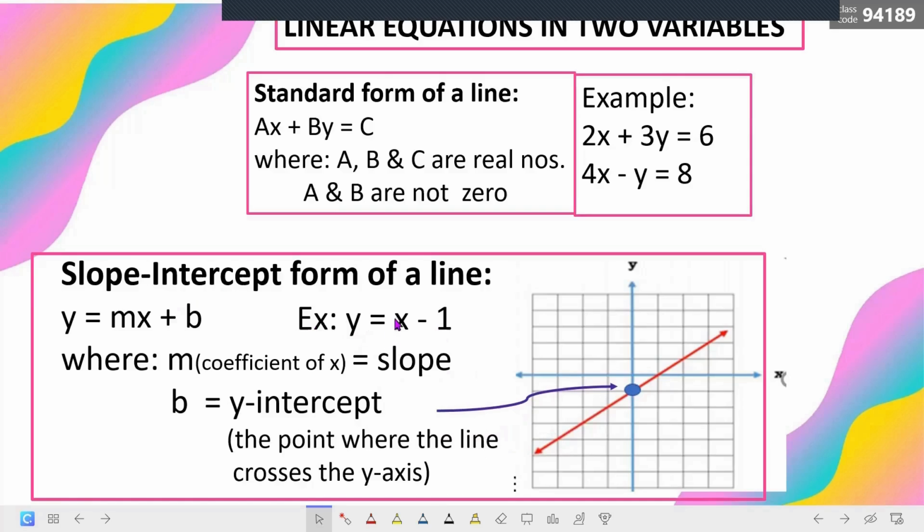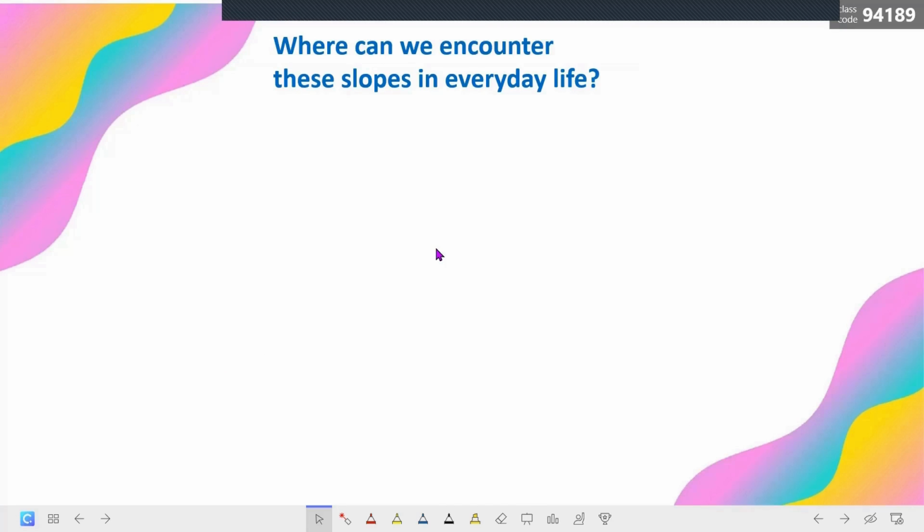So our m here, the coefficient of x, is 1, and our b, which is the y-intercept, is negative 1. If you look at the graph here, the line crosses below the origin, where the value of y is negative 1.